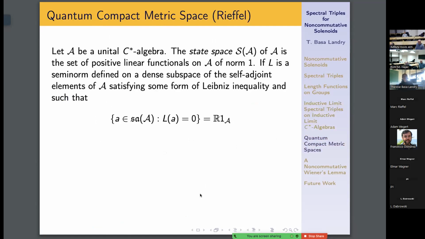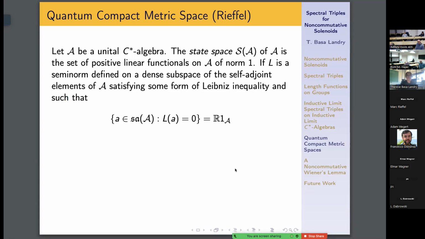And it turns out too that our spectral triples also happen to induce quantum compact metric space structure in the sense of Rieffel. A quantum compact metric space is a pairing of a unital C-star algebra with a seminorm. The seminorm is defined on a dense subspace of the self-adjoint elements of the unital C-star algebra.